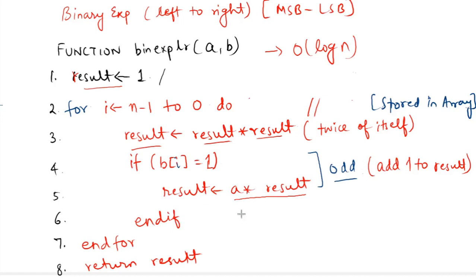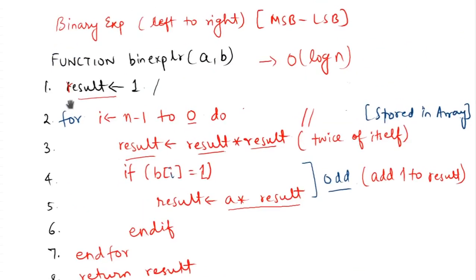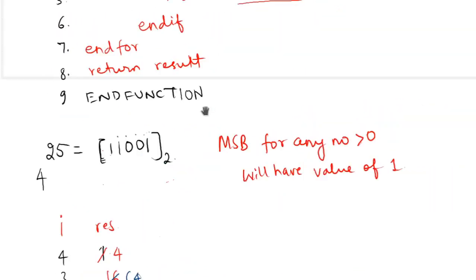This will work until the LSB is reached, and once that is reached, return the result, and this will be computed in order of log n times. The result initially will have the value of 1.